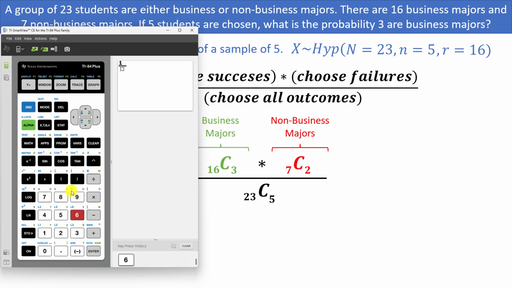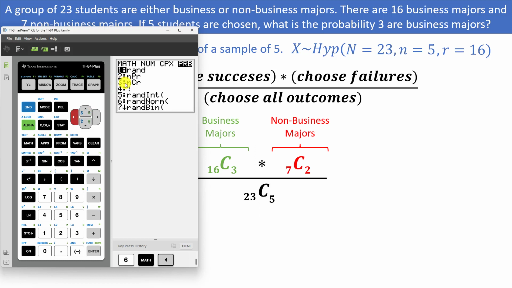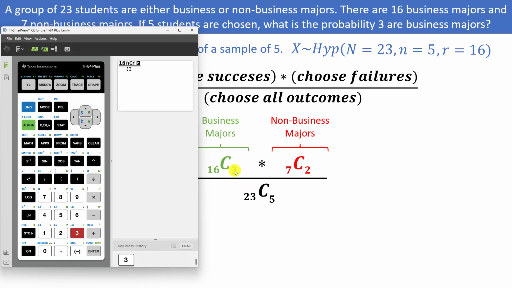So we have 16 math, and we have to go to PRB, option 3, multiplied by 7 math, arrow to PRB, combination 2, and then go to the bottom, and then we have 23 math, PRB, nCr 5. Press enter, and it should give you an answer.